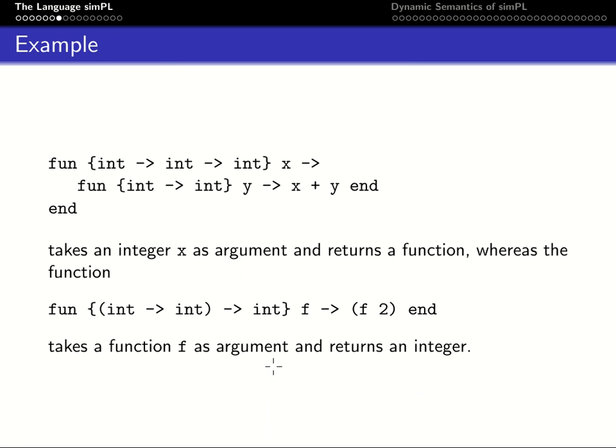All right? So, example, f, we want the type to be int to int to int, x2, another function, right? f int int, and y returns x plus y. So you take an integer, and that returns another function which takes another integer and returns an integer, right?